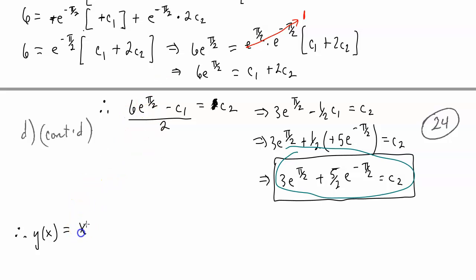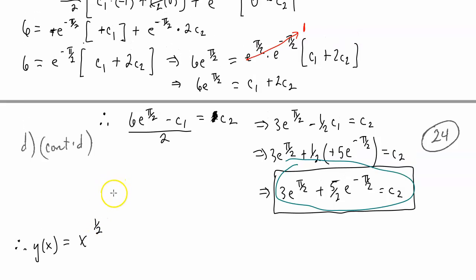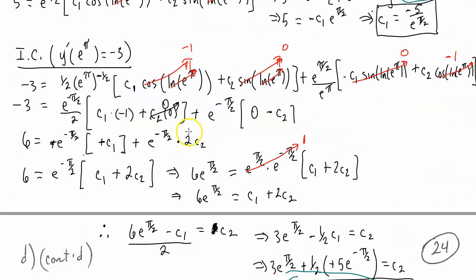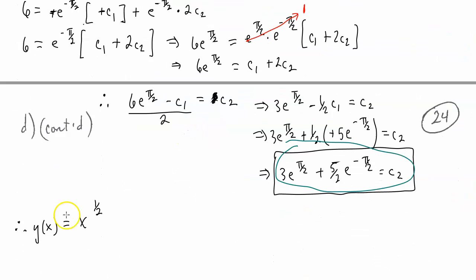So here, x raised to the lambda. If you remember, our lambda was 1/2, and our omega, or w, is just going to be 1. And I'm just going to write it like this for now, and then I'll put in everything else later. So that way we can just kind of look at everything all at once here.